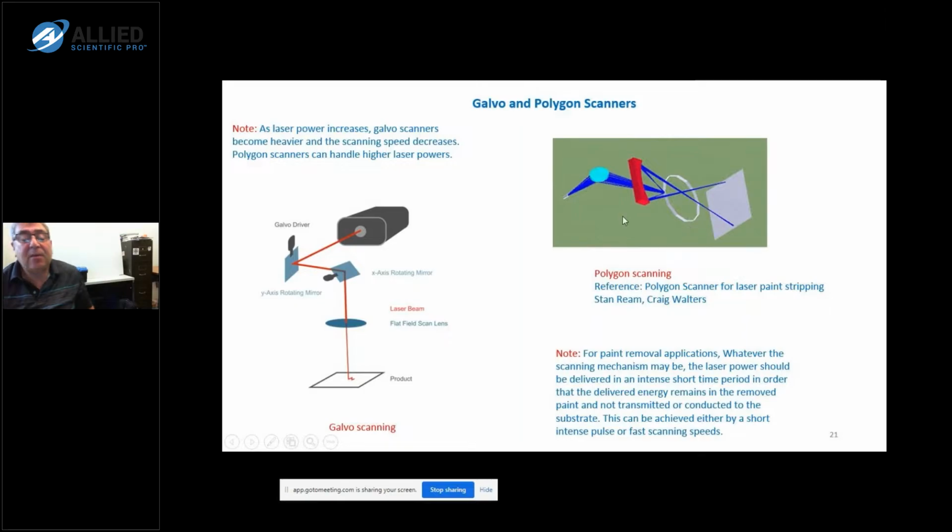I'll show you a video later if I get a chance, and basically it will shine the laser on the surface. And you can also couple a CW laser to this polygon scanner, and it will do a very good job with the combination of CW lasers that sometimes are more readily available, and they're cheaper as compared to the pulse laser.